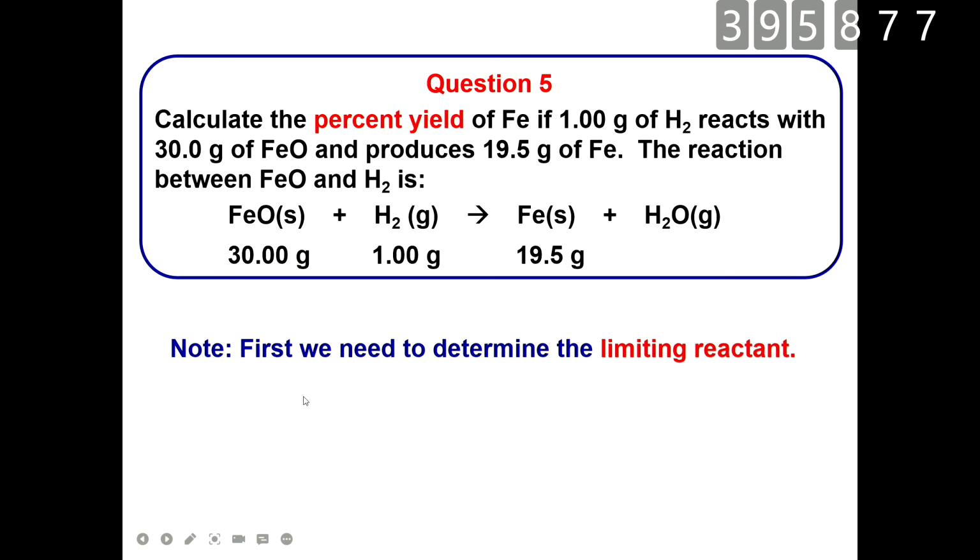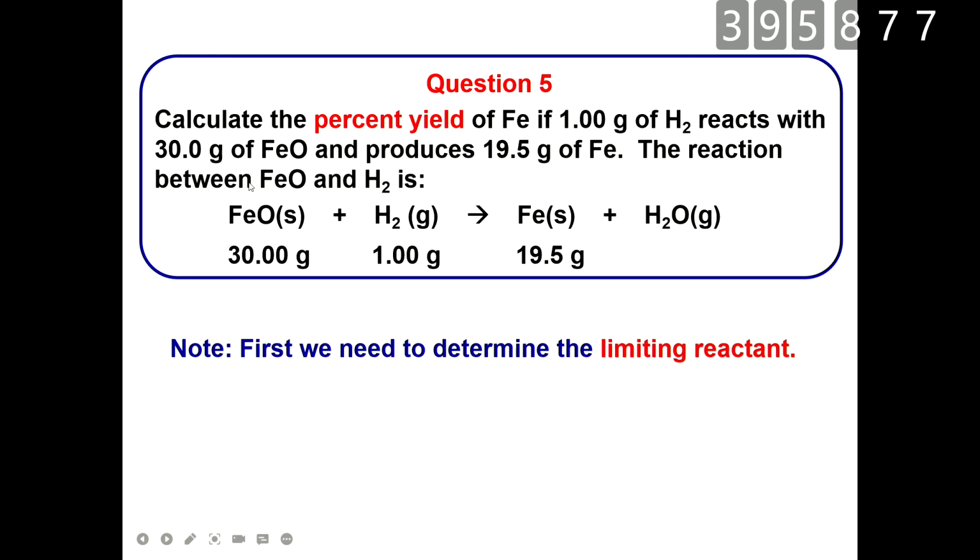Okay, question, for example. Now we need to calculate the percent yield of iron if 1 gram of hydrogen reacts with 30 gram of FeO and produces 9.5 gram of Fe.